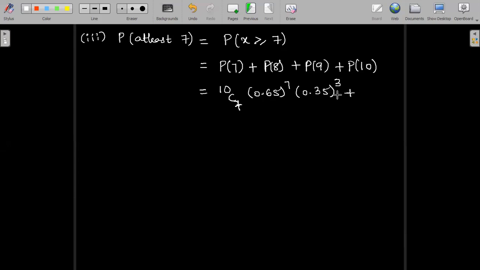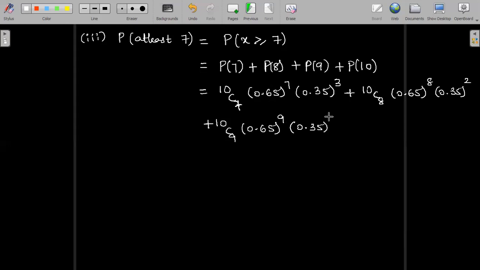Similarly, the next term is 10c8 0.65 whole power 8 into 0.35 whole power 10 minus 8, which is 2. And similarly 10c9 0.65 whole power 9, I'm writing the third term now, into 0.35 whole power 10 minus 9, which is equal to 1.